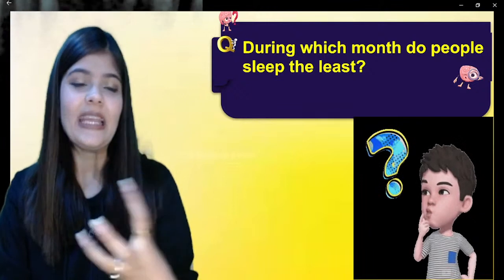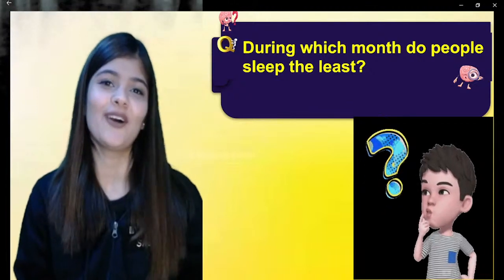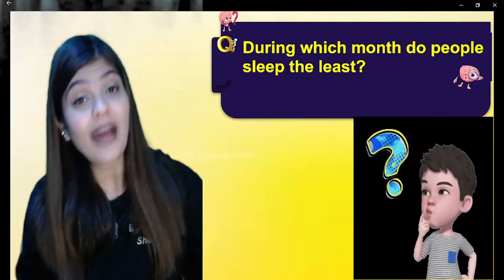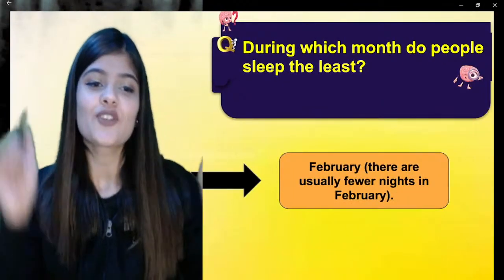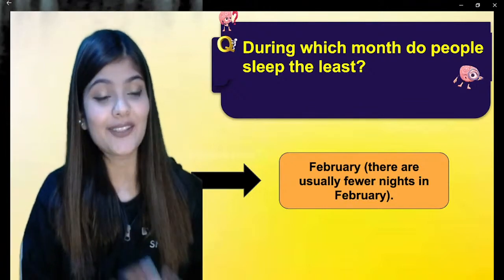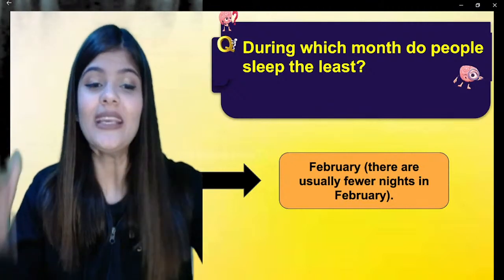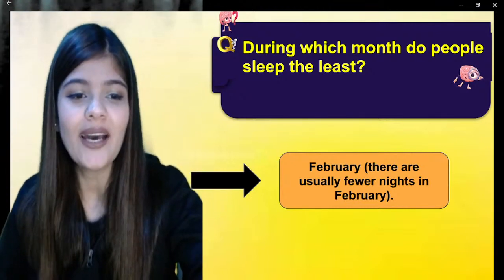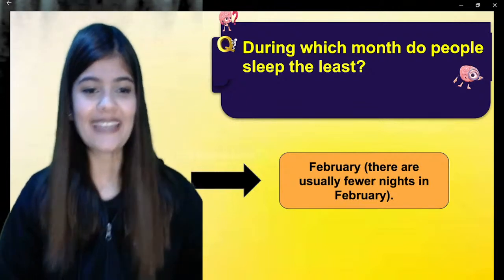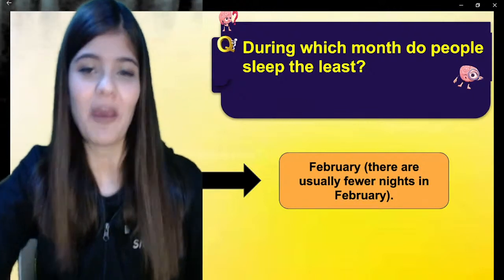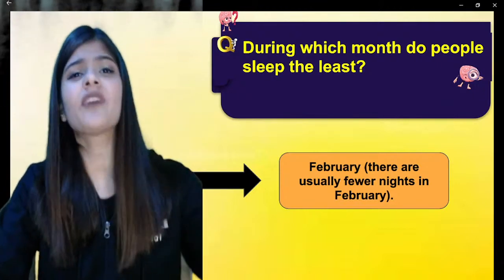Yes, we sleep the least in the month of February because it has the least number of days, Kamal. उसमें सबसे कम दिन होते हैं, सबसे कम रातें होती हैं. So obviously we'll sleep the least in the month of February. So random girl, you are first. Aniket, you are second. Kushi, you are third. Those who are answering July, May, sorry, you missed it. Well done, Manas. Well done, Suruchi, Jitendra, Samiksha. Great, guys. So answer was February because there are usually fewer nights in February. There are 28 days instead of 30 and 31.